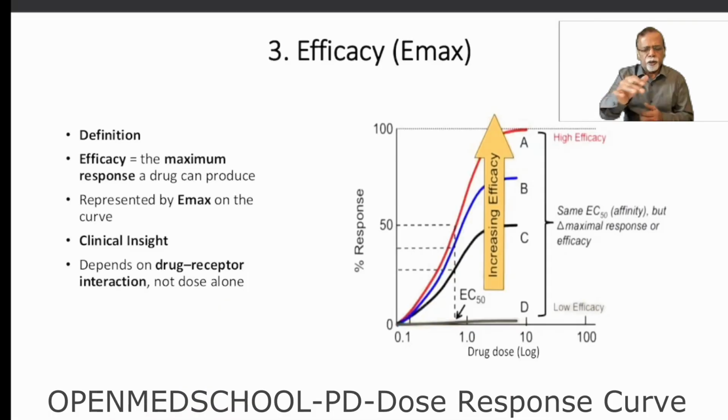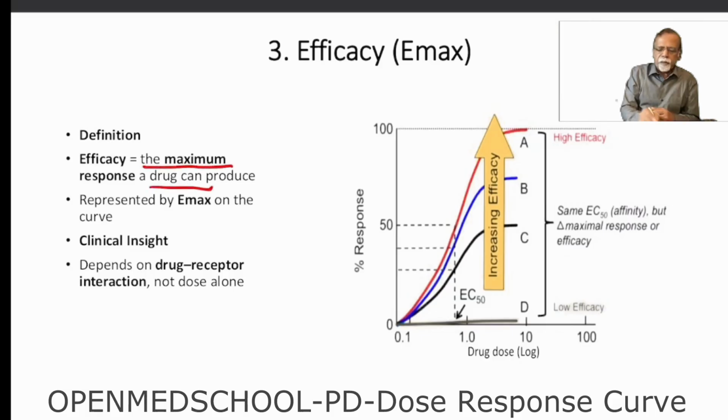Now we'll look into the efficacy of multiple drugs. The graph can be plotted to compare various drugs. As already mentioned, efficacy is the maximum response a drug can produce. So this is the maximum response. This is the Emax.